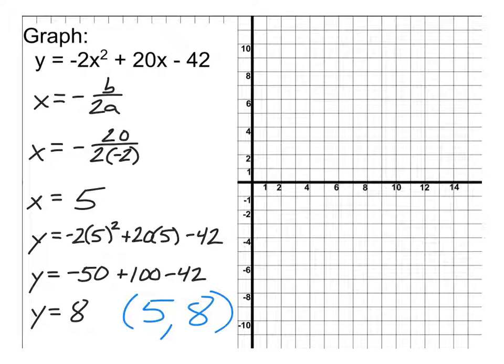So we know our vertex is at (5, 8), so that's the very first thing we do: on our graph, we go over to (5, 8) and plot that point.